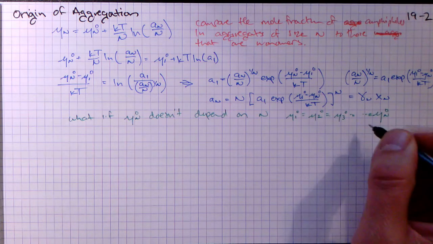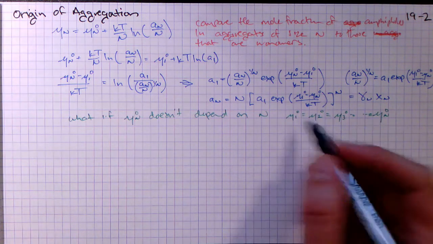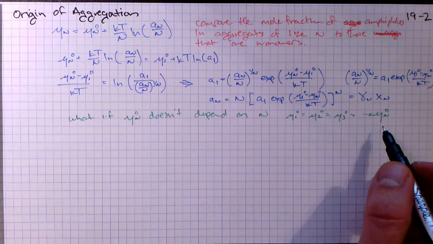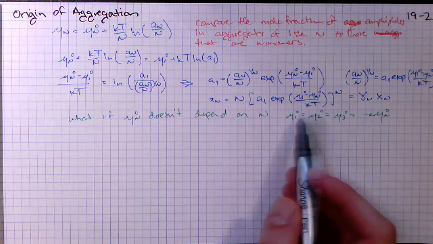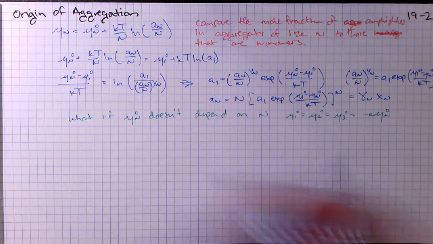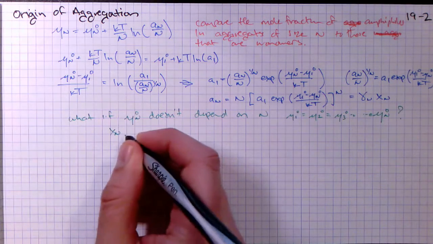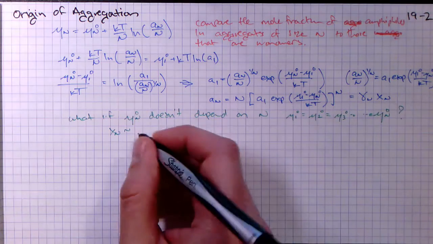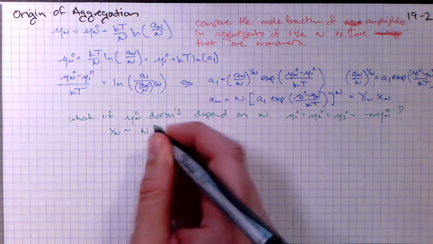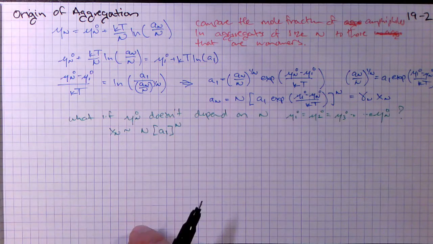So it doesn't really matter from an energetic bonding standpoint whether the molecule is in an aggregate of size 1 or an aggregate of size n, right? In that case, mu 10 minus mu n0 is just 0. So we just get that xn is proportional to n times a1 to the nth power.